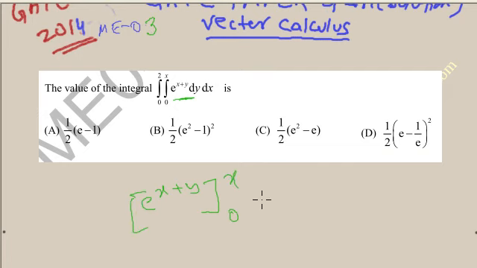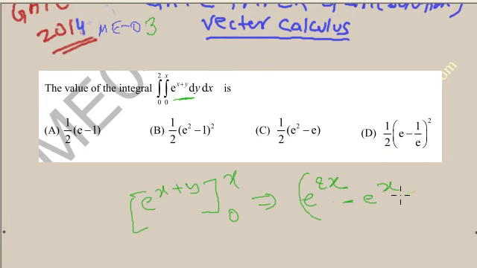If you put x here, you will find e to the power 2x, and if you put y equal to 0, you will get e to the power x minus e to the power x.